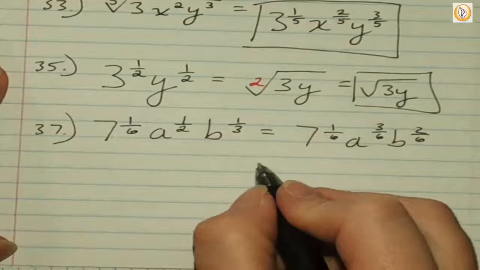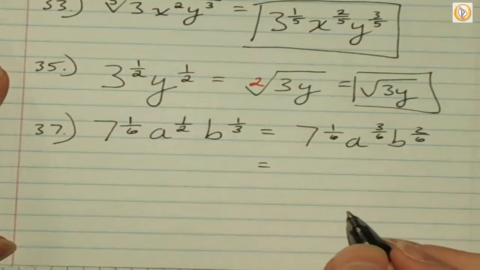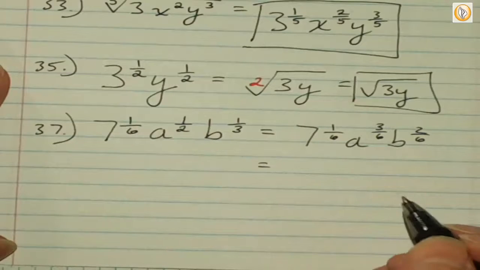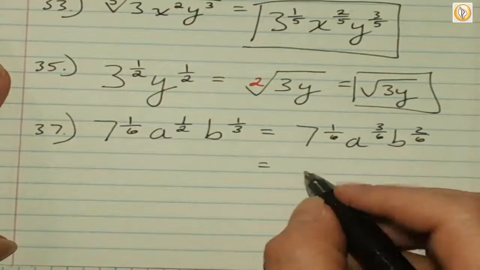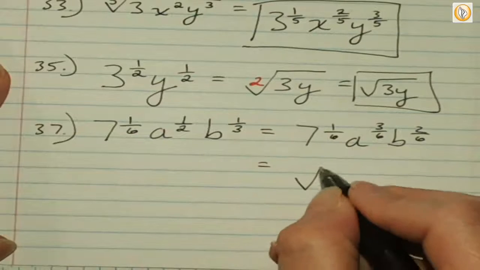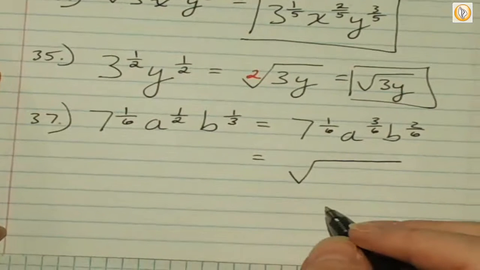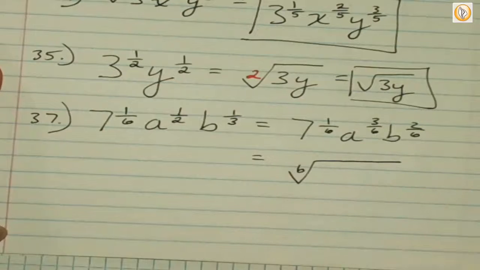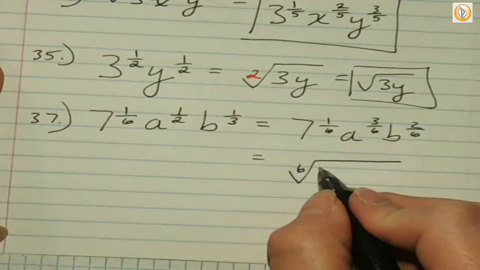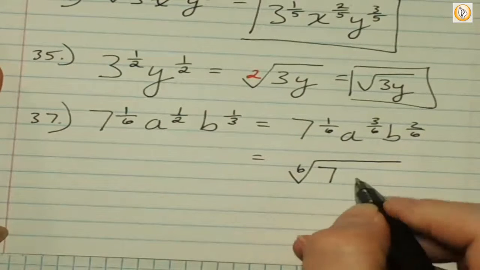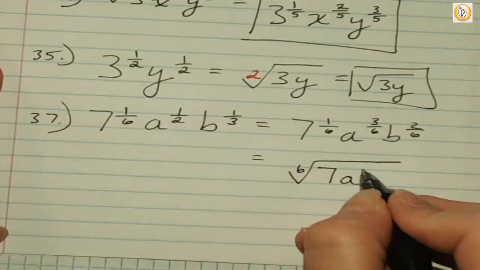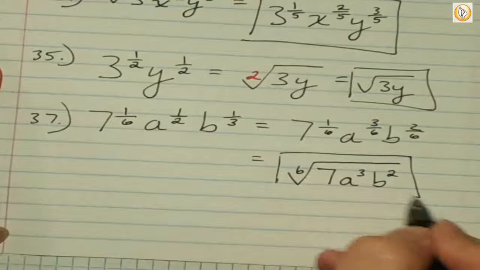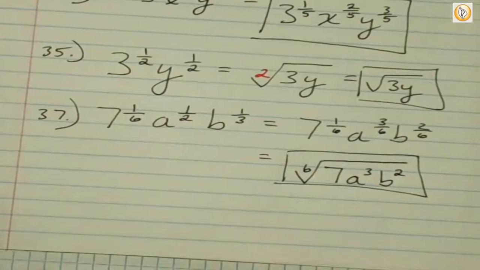Now I have to reduce it. Oh, no, you don't. That is reduced. All right, so we need it in radical form. So here's my radical sign. You're gonna put 6. Yes. Any questions?